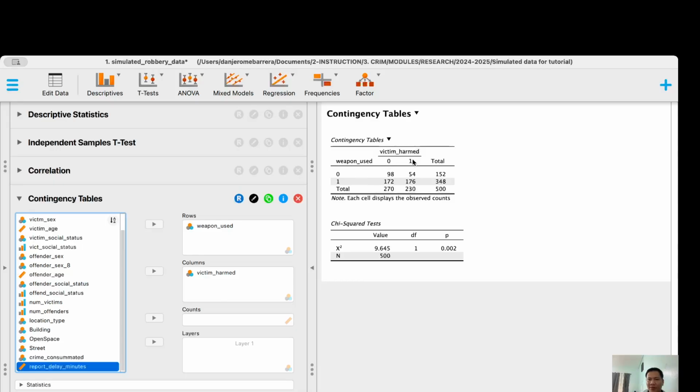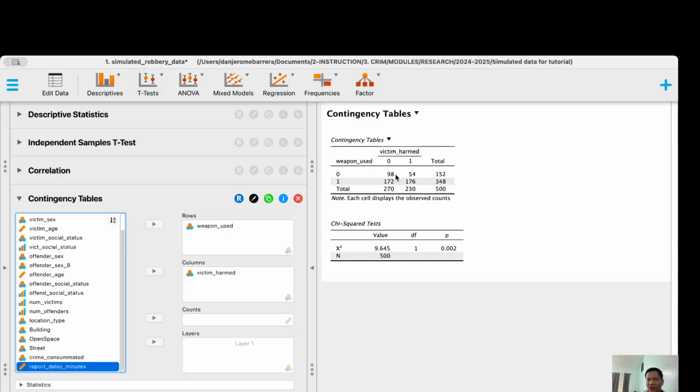For victim harm, one means the victim was harmed, and zero means not harmed. For weapon use, one represents there was a weapon that was used by the offender, and zero represents there was no weapon. So this is the contingency table. Victim zero meaning not harmed.